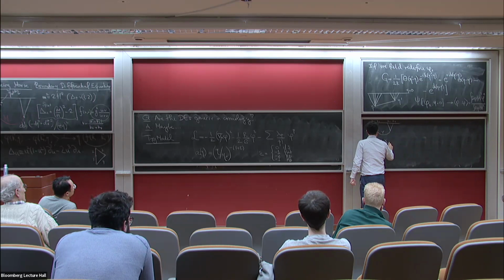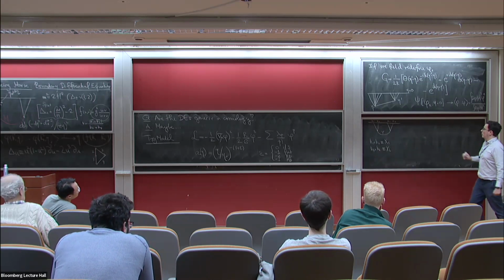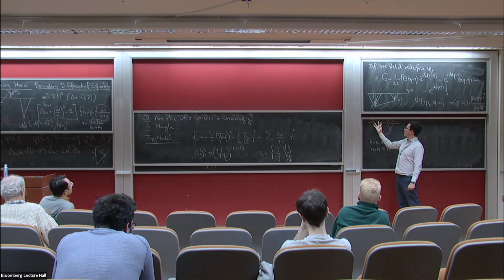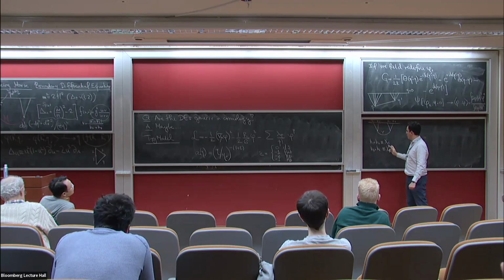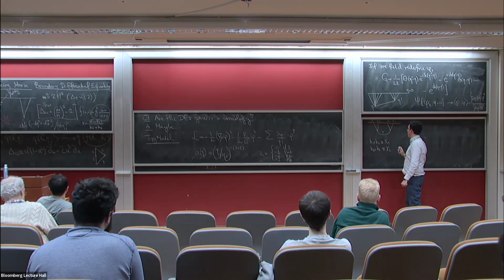So K1 plus K2, I'm going to call X1. K3 plus K4, I'm going to call X2. So X1 is related to these energies that come from the left part of the diagram, and X2 from the energies that come from the right part of the diagram.